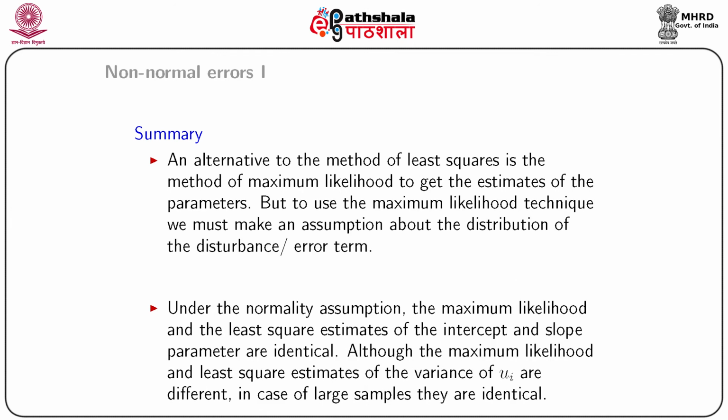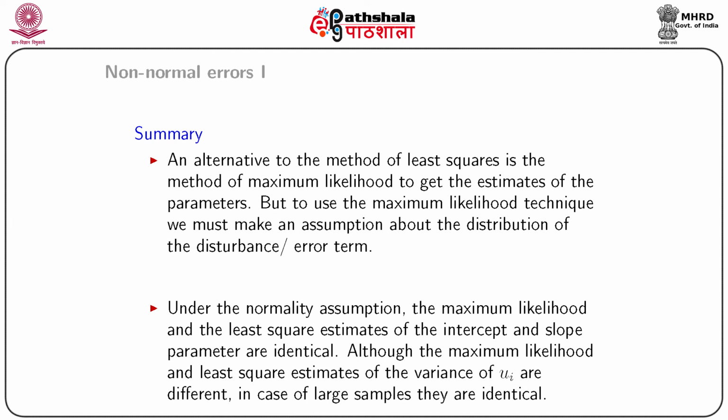An alternative to the method of least square is the method of maximum likelihood to get the estimates of the unknown parameters. In this method, we obtain the estimates of the parameters which maximize the value of the likelihood. Just like in case of least square, we obtain the estimates which minimize the square of the errors. But to use the maximum likelihood technique, we must make an assumption about the distribution of the disturbance or the error term.